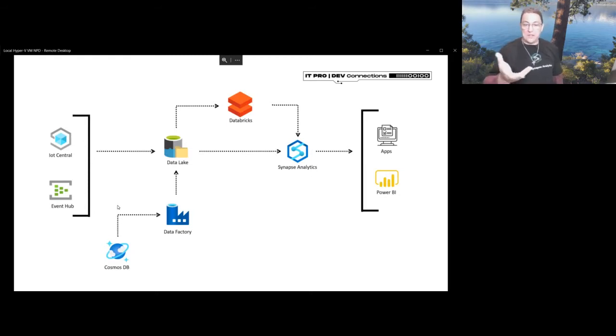So, for instance, I have here a simple design for a pipeline running in a cloud. Let's say you are working with IoT data. On this diagram I use IoT Central and Event Hub. These are usually two Azure services that listen to IoT devices and stream that data into the cloud for processing.